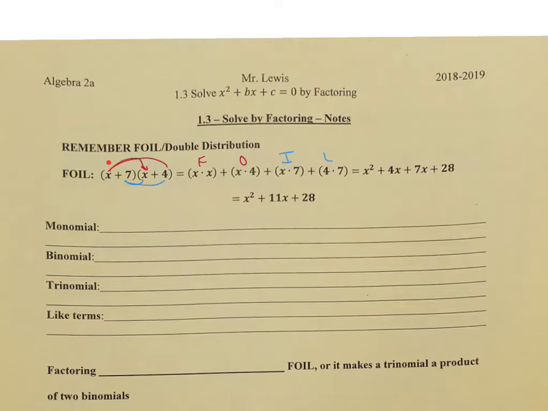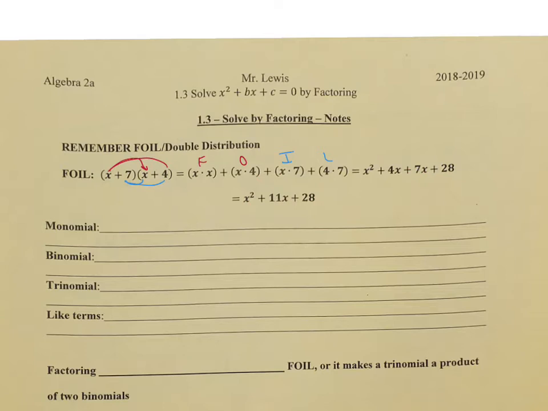X goes to 4 gives me 4X. 7 goes to X gives me 7X. 7 goes to 4 gives me 28. The like terms, remember X squareds can only go with X squareds. X's can go with X's. Only numbers can go with numbers. So my answer after I FOIL is X squared plus 11X plus 28.